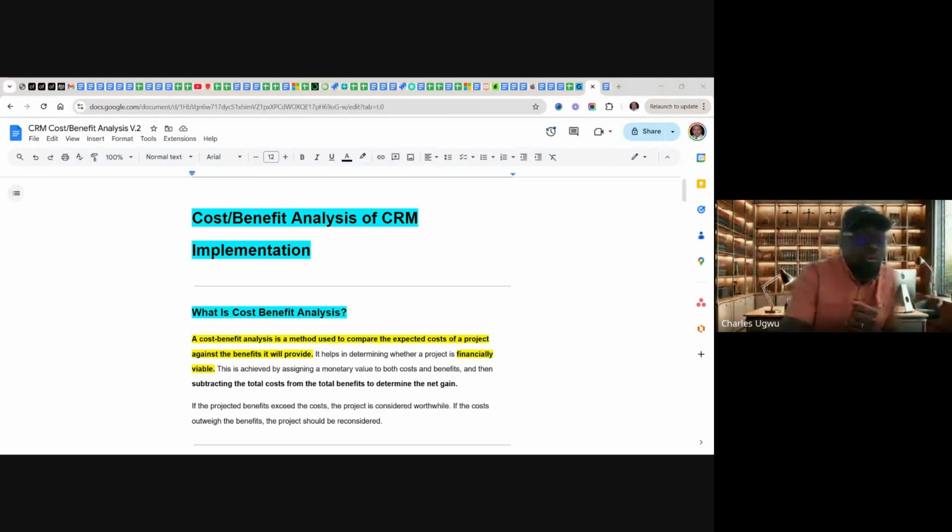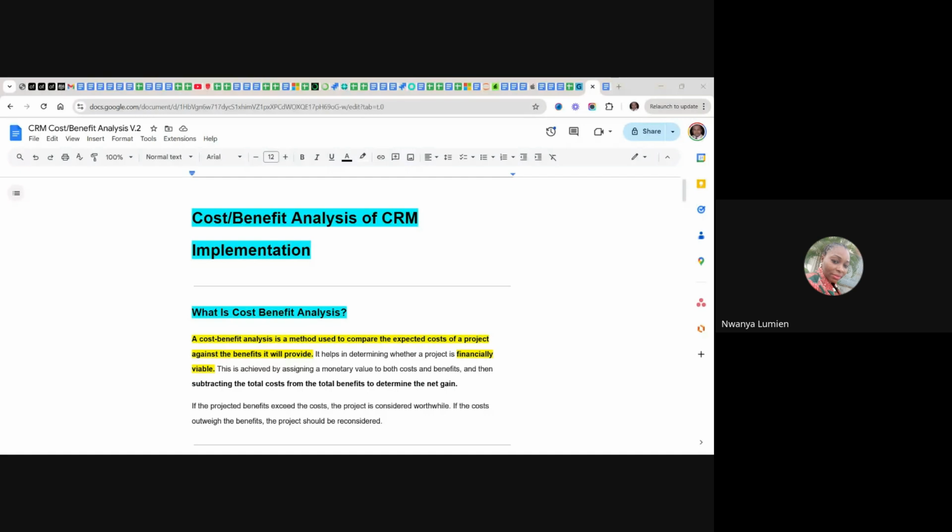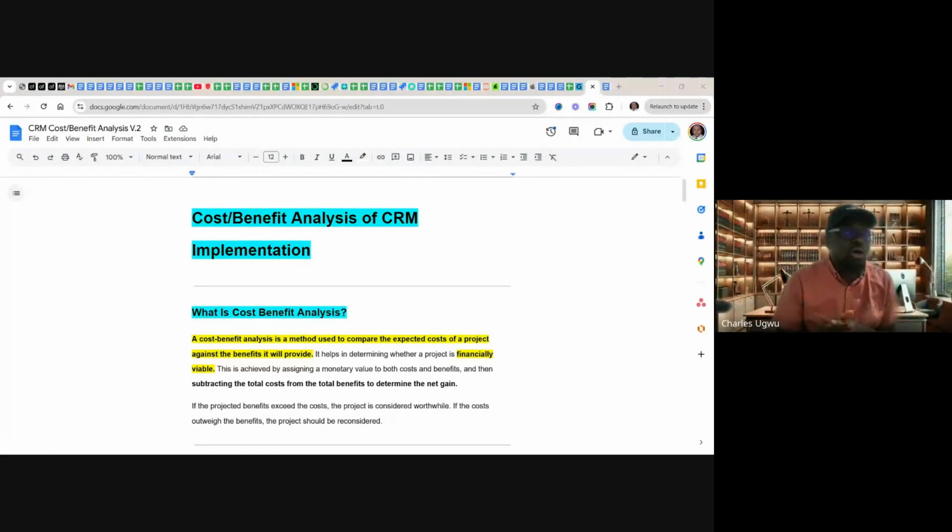Even if you look at the introduction, you said subtracting total cost from the total benefit, that is the formula. Like I said, the main challenge is trying to monetize the value, not trying to subtract the total.